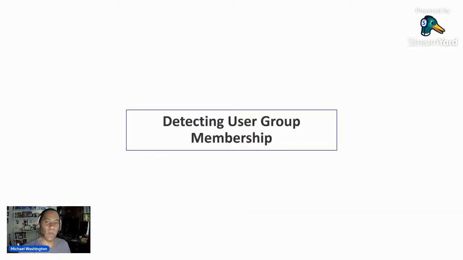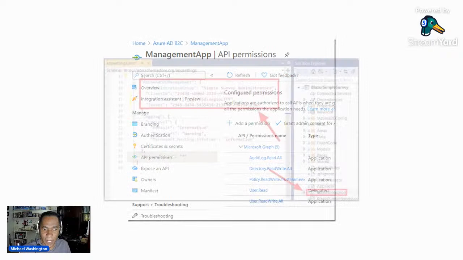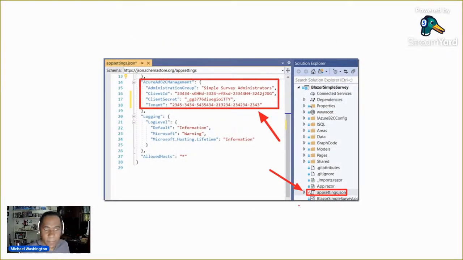So now when I log in with that Twitter account, I want to detect that the user is in the administration group. So how do I do that? One thing real quick: in the settings, I said the administration group will be Simple Survey Administrators.